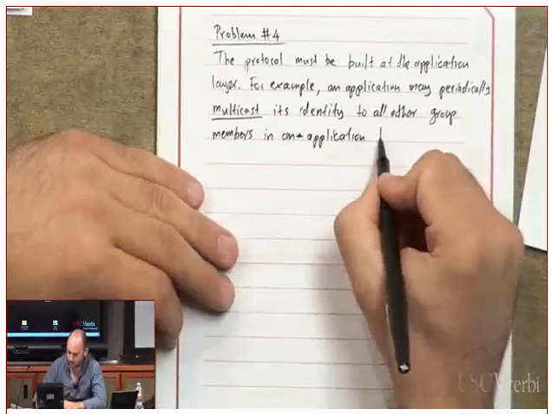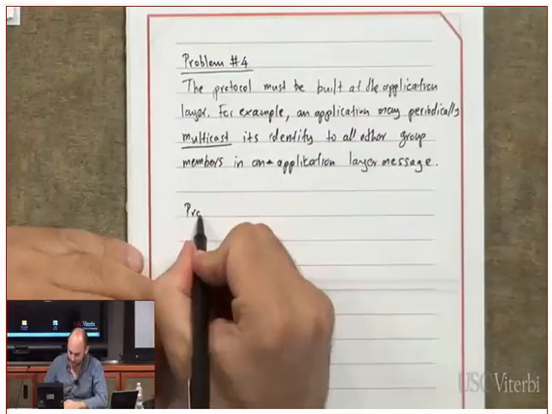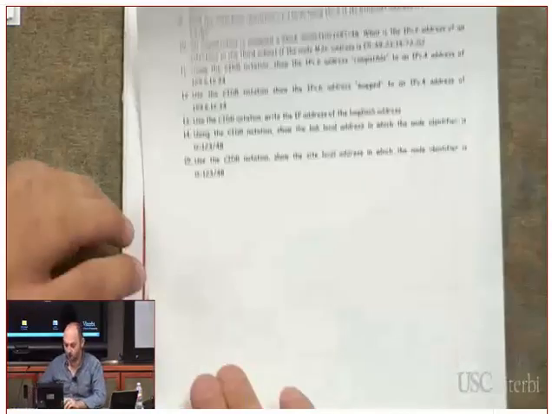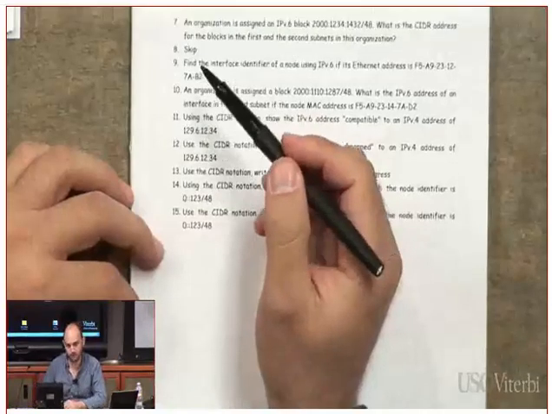Why 64? Because we had 48 plus 16, right? Perfect. So the second subnet block will differ only in this digit over here: 2001:2345:1234:0002/64. Okay.